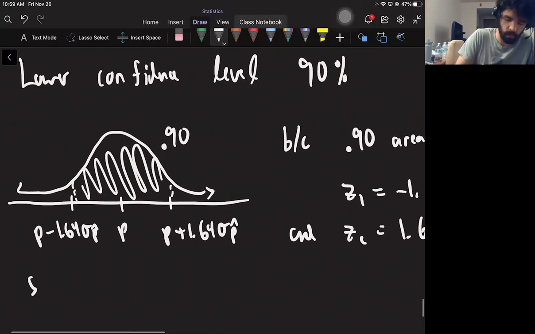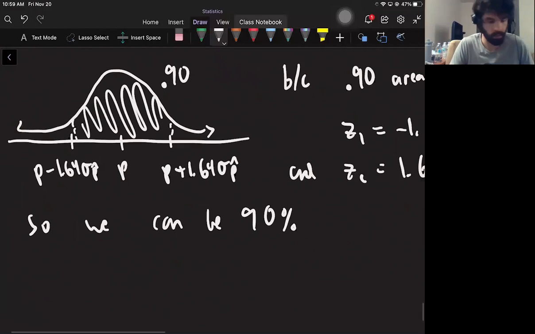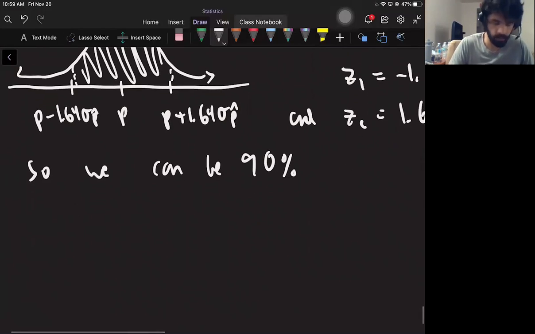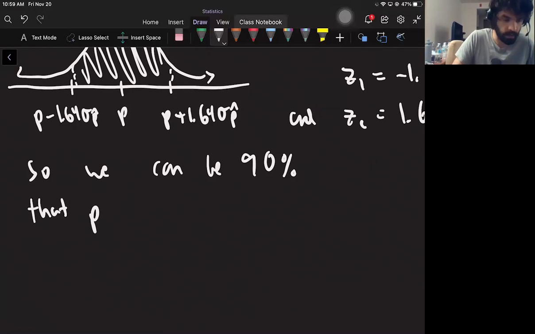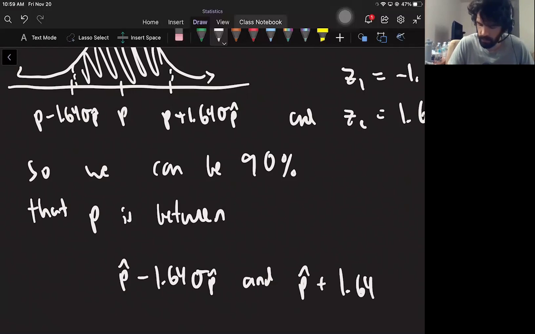So then we can be 90% confident, so less confident, but a smaller interval, so a more precise guess. So we can be 90% confident that P is between our estimate minus 1.64 standard deviations and our estimate plus 1.64 standard deviations.